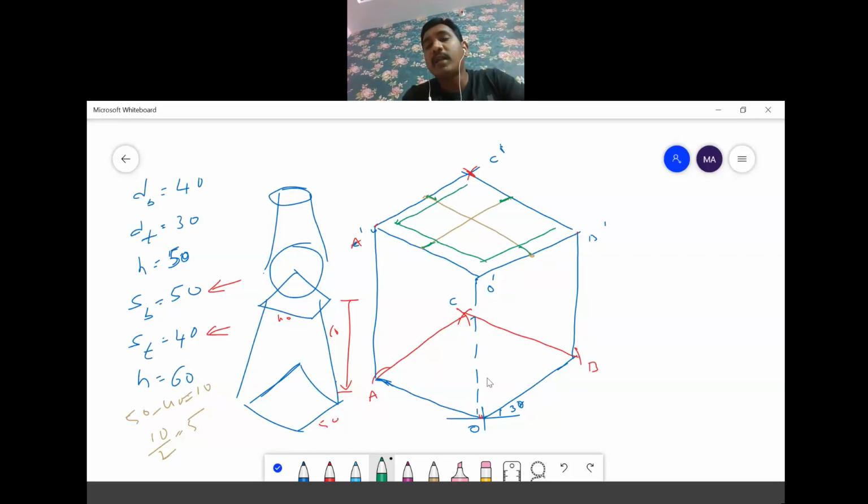Now I am drawing a parallel line from this 5 mm. These four will join. Then you will get a square of a 40 mm side. I am joining this green color square and this blue color one at the edges. I'm joining these two.